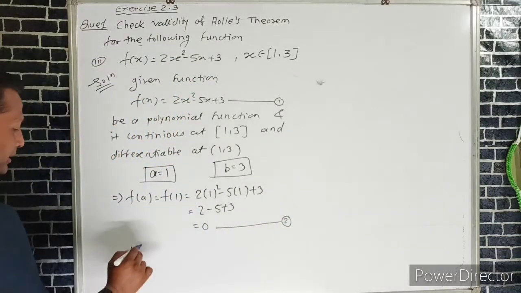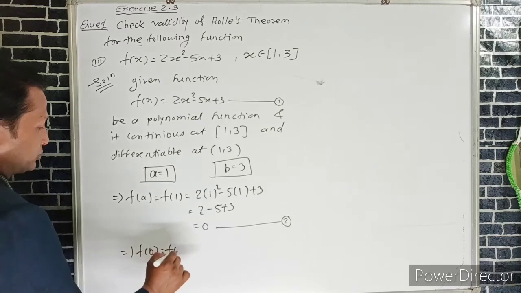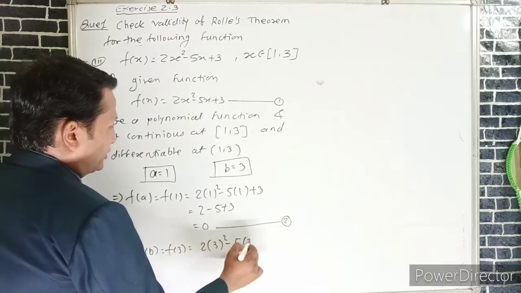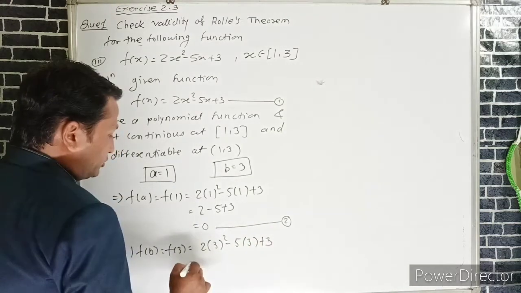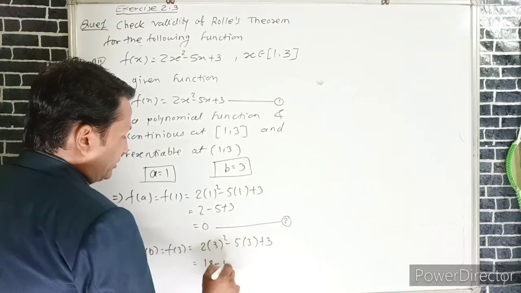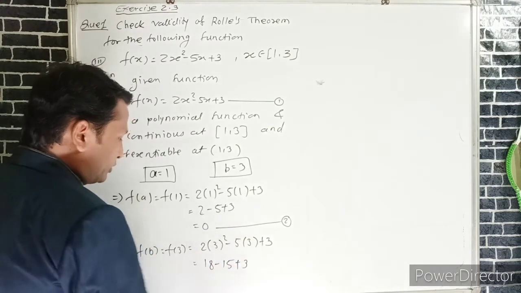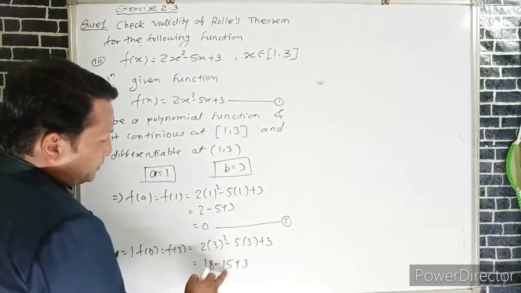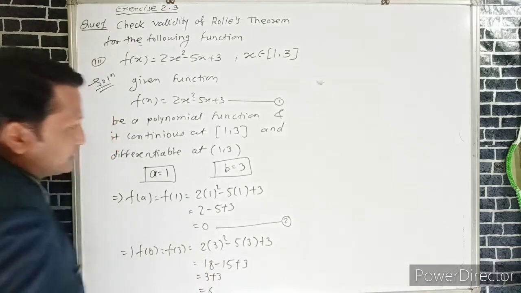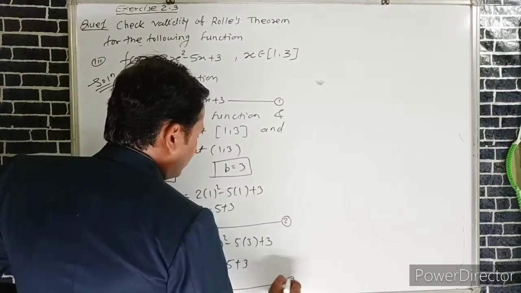Again we have to find f of b when b is equal to 3. So 2 into 3 square minus 5 into 3 plus 3. 3 square is 9, 9 into 2 is 18, minus 5 into 3, 15, plus 3. So 18 minus 15 is 3, and 3 plus 3 is 6, number 3.